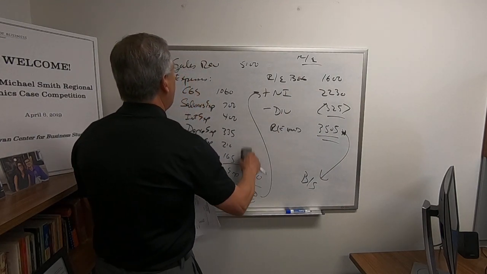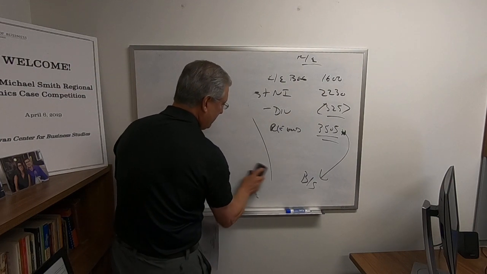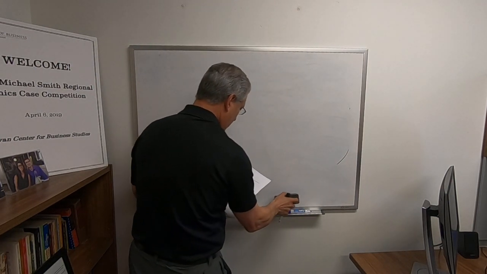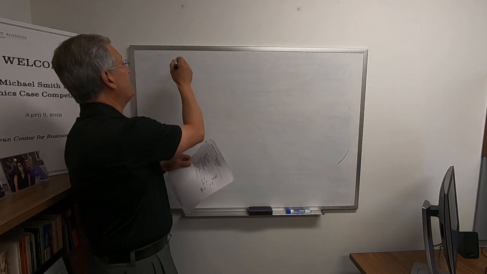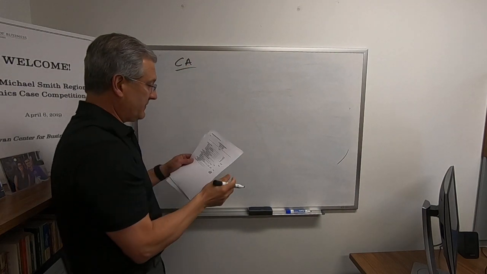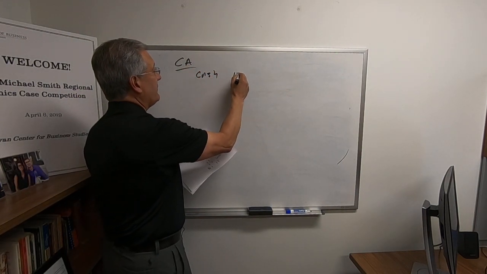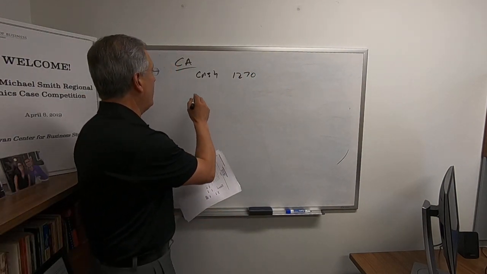We go on, they're asking you to prepare for Lazarus a balance sheet. And we're interested in current assets, which we know are cash at 1270. Assets are listed in the order of liquidity.